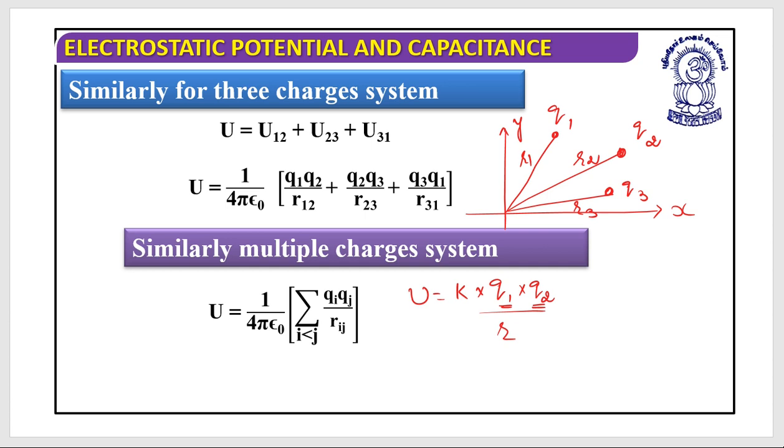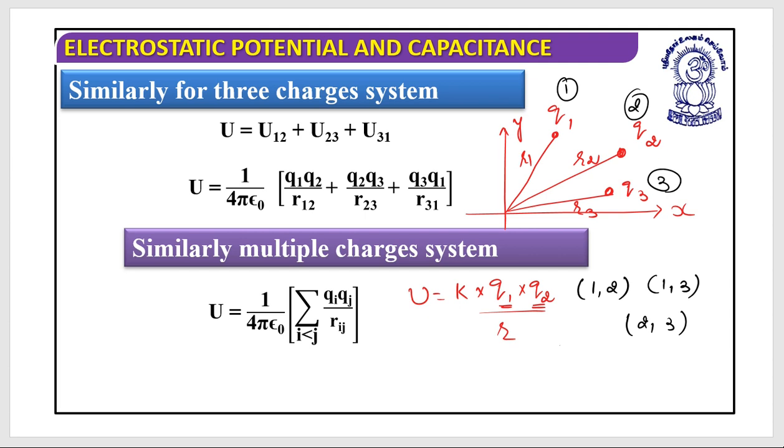I have three bodies, q1, q2 and q3, so let's make pairs of these. This is the first body, this is the second, and this is the third. The pairs would be 1 comma 2, another pair 1 comma 3, and another pair 2 comma 3.